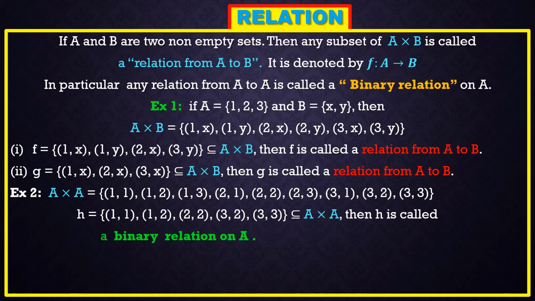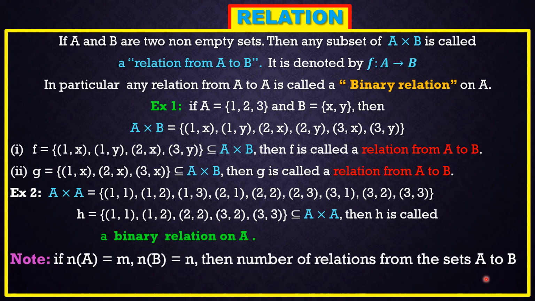And we observe one note condition. The number of elements in the first set A is m. The number of elements in the second set B is n. Then the number of relations from the set A to B is 2 power mn, since there are mn elements in the Cartesian product of the two sets A and B. Therefore the number of relations from A to B is 2 power mn.